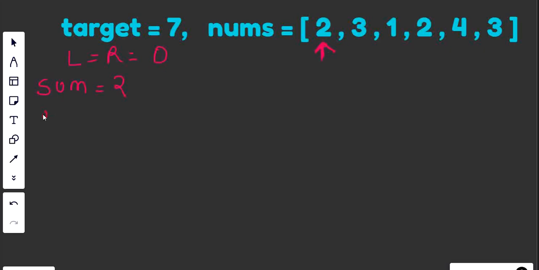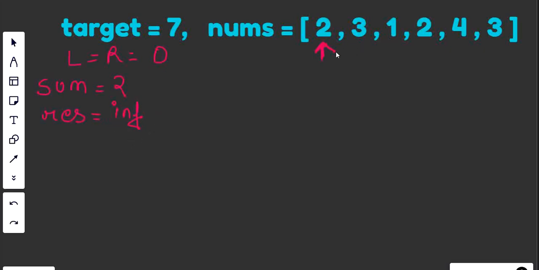And what is the resultant length? For now, let's keep it infinity, because we have to return the minimum length, right? As and when our window size increases, we will update this resultant length. For now, let's keep it infinity.